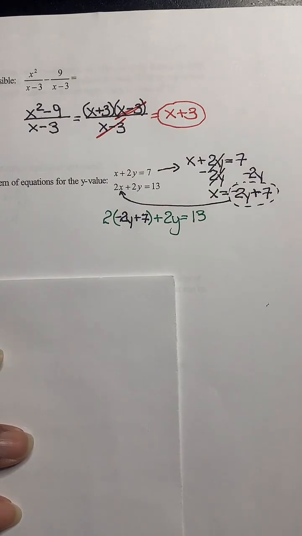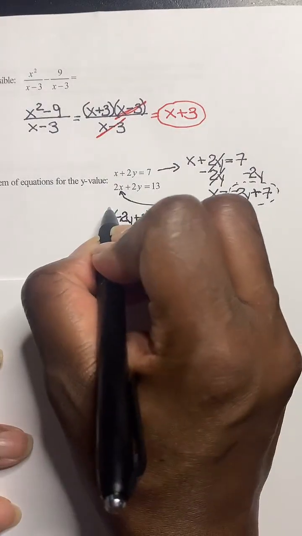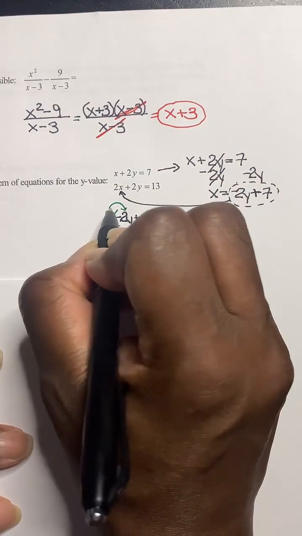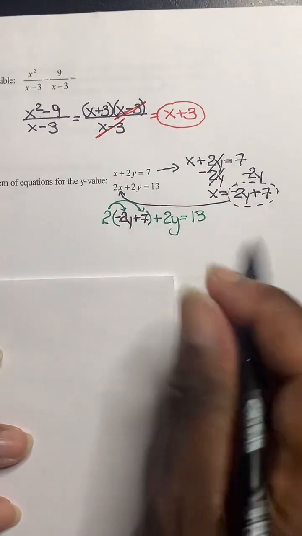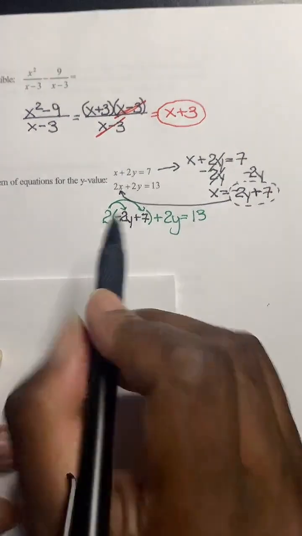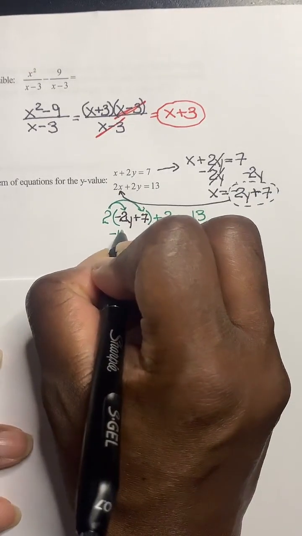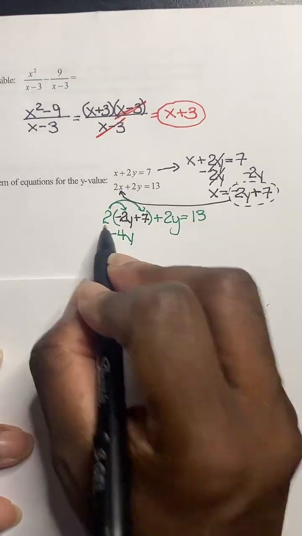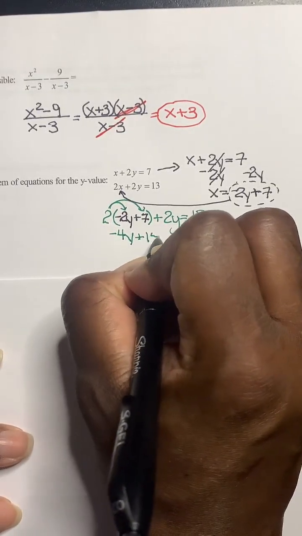Okay. All right. So if we want, which we are, let's distribute everything. I'm going to show you both ways, and you get to pick which way. So you have 2 times negative 2y, that gives you negative 4y. And 2 times positive 7, that gives you a plus 14.